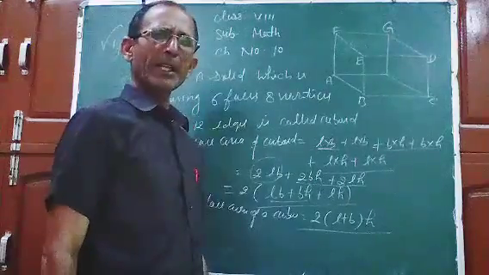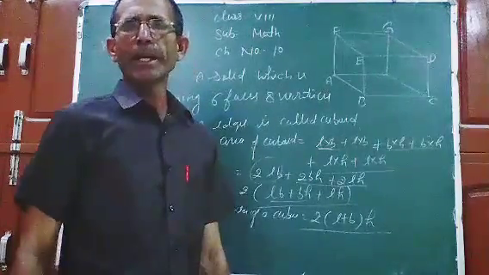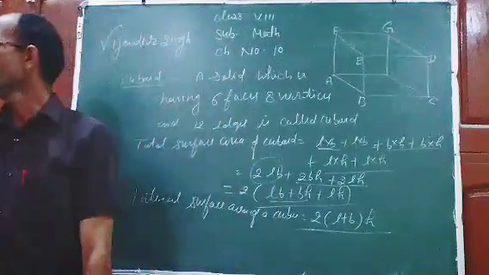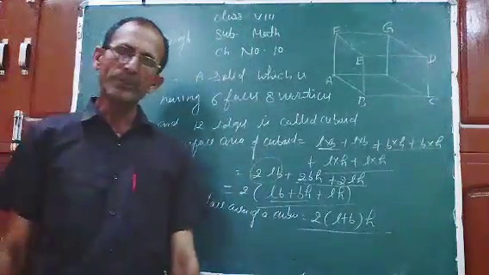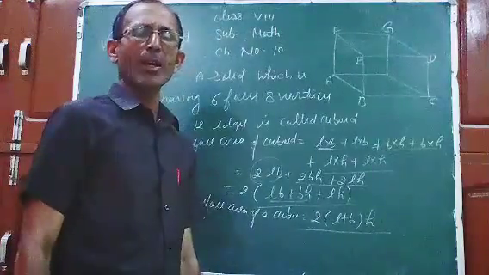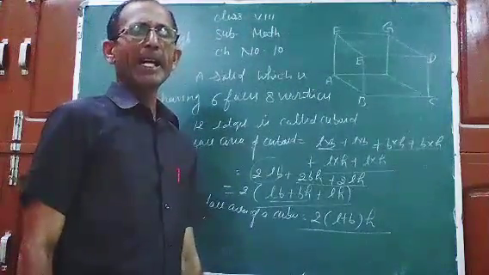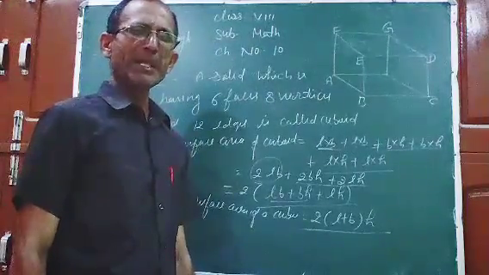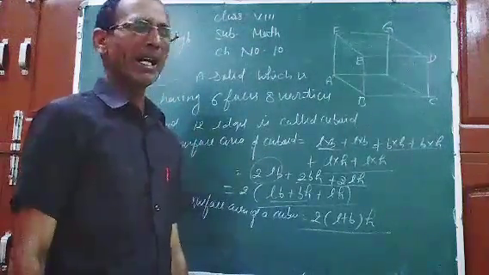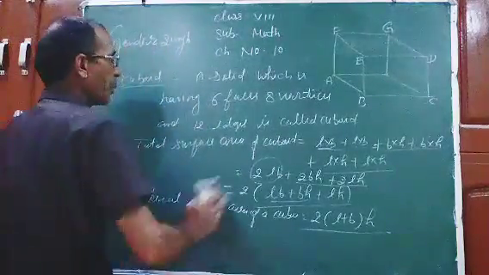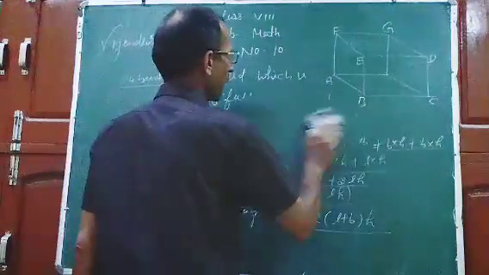Now what is the difference between a cube and a cuboid? A cuboid has all rectangular faces and a cube has all faces square. So the total surface area for a cube, same formula.